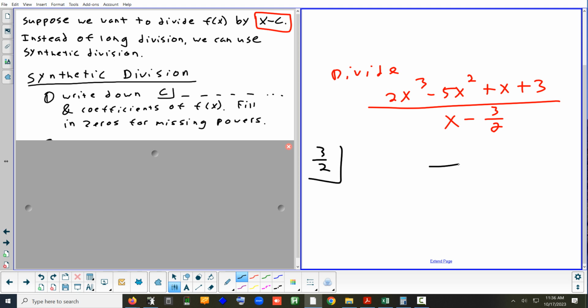Make sure you put in a 0 if you're missing anything. So what would be the coefficients I would write down? Yep, Gary. 2, -5, 1, 3. Yeah, we're not missing any. 2, -5, 1, 3. Perfect. And then draw a line.